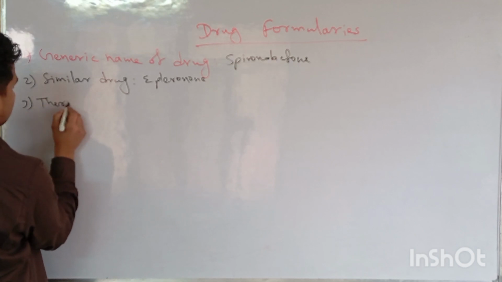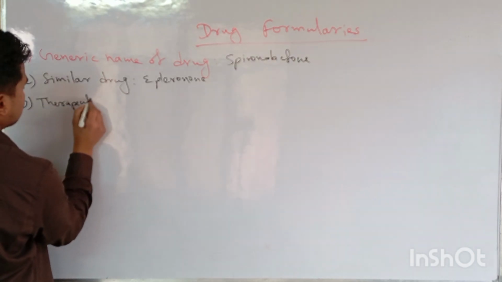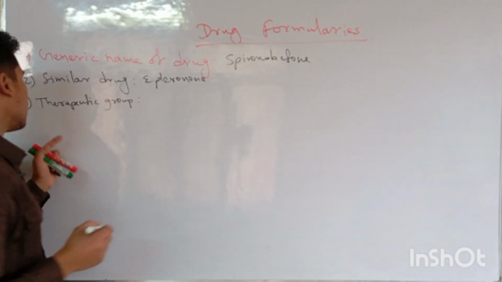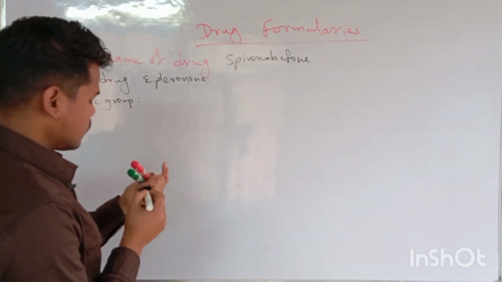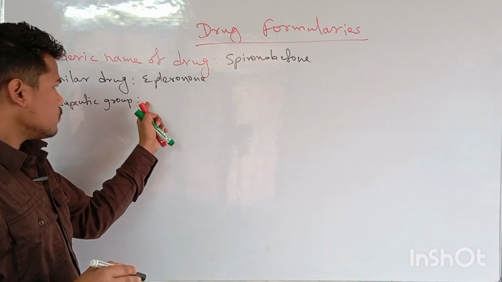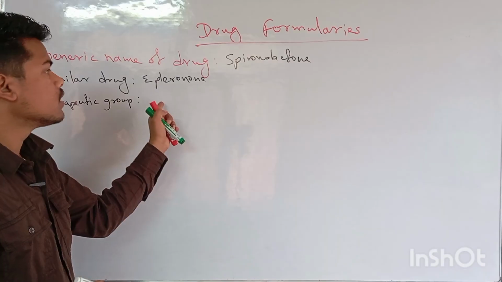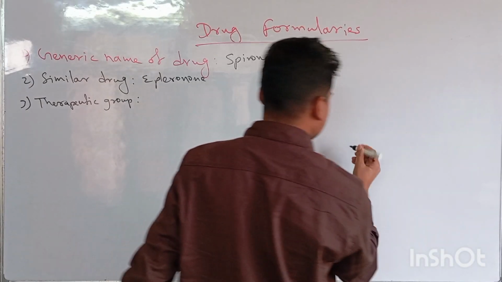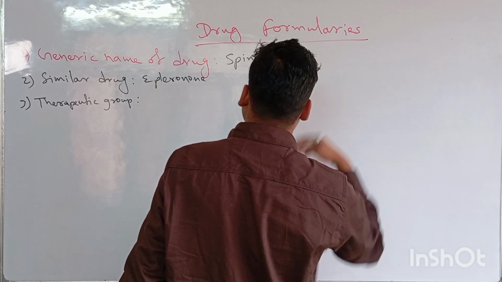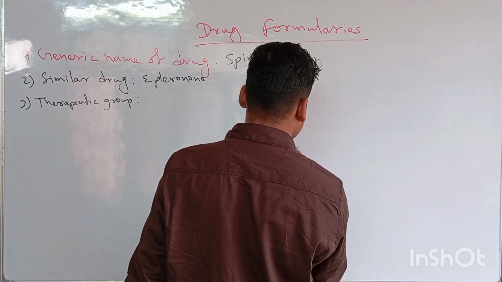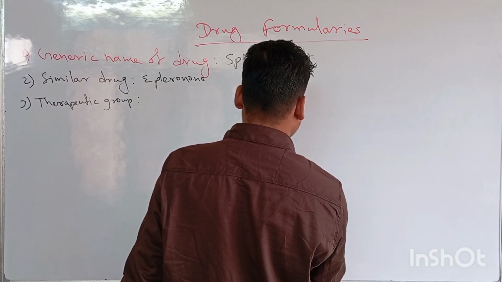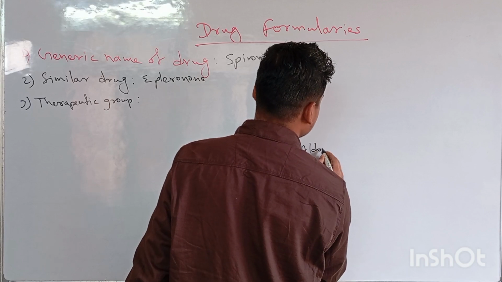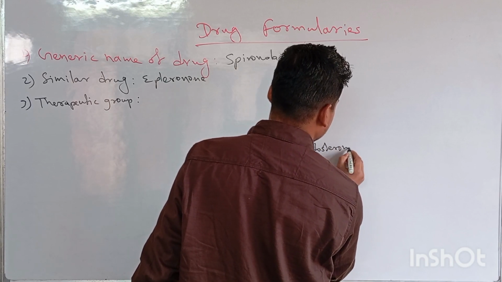Now next will be therapeutic group, or class. Here again you should be careful while writing this. Let's suppose this eplerenone is, hierarchy wise, at the finest level the aldosterone antagonist. By mechanism of action, it is an aldosterone antagonist.